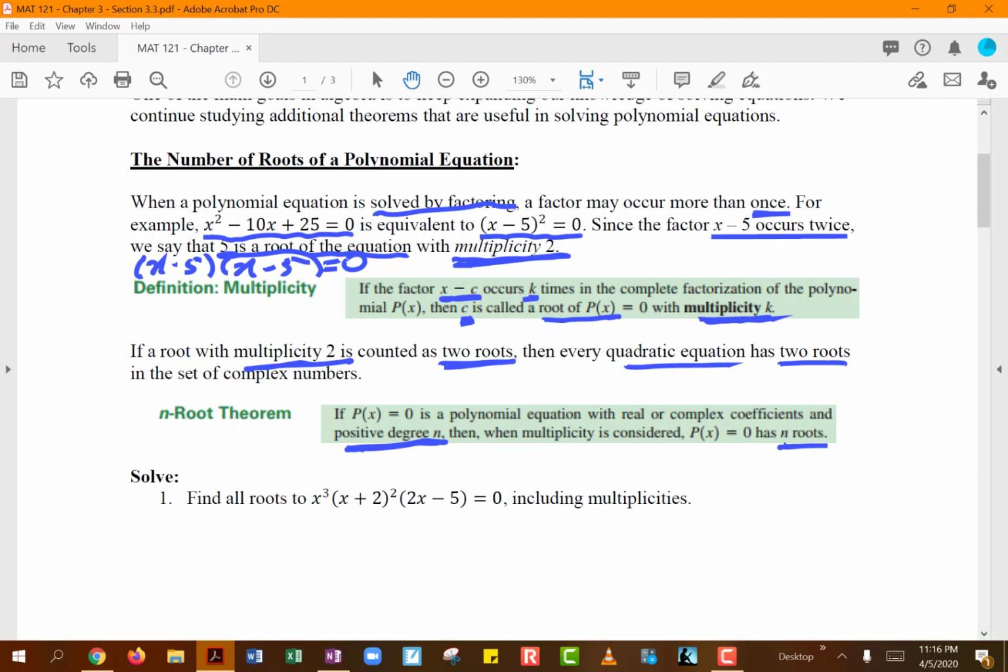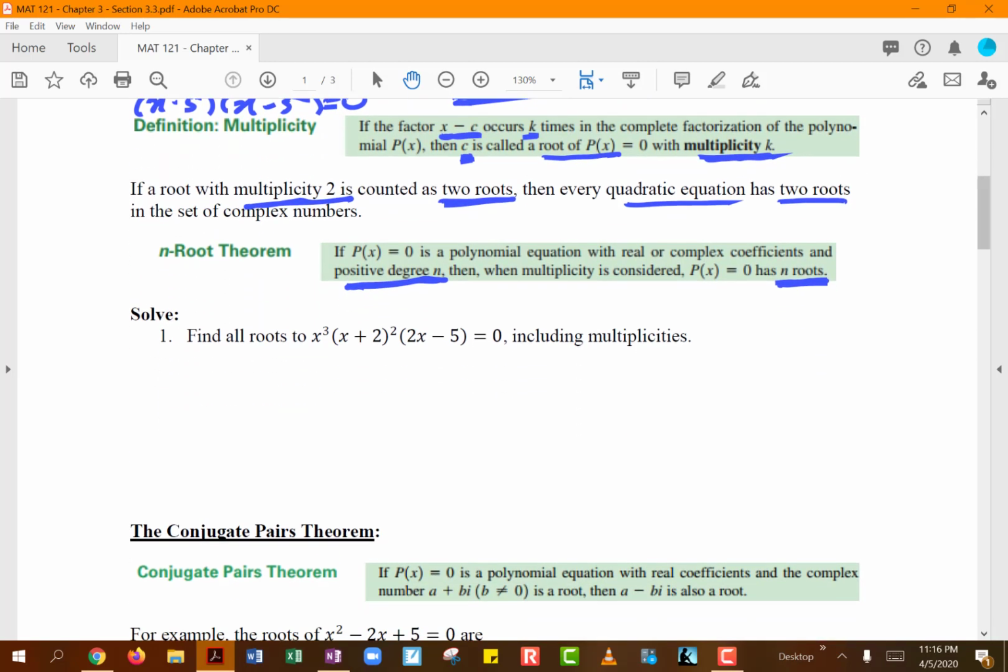So if it's a second degree polynomial, we should have 2 roots. If it's a 4th degree polynomial, then you should have 4 roots. Remember, we talked about this before also.